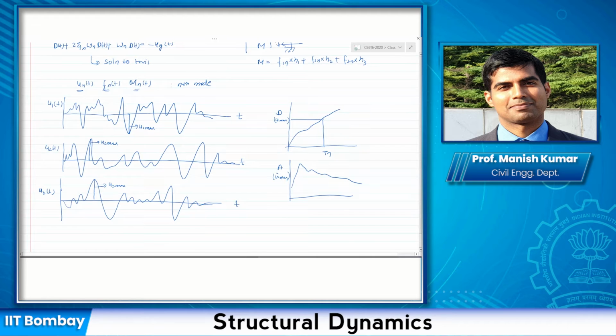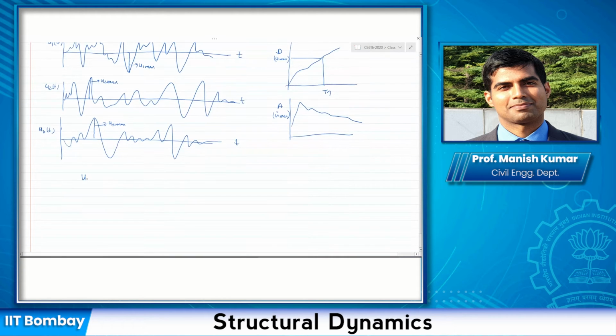My only challenge is that they happen at different points of time. And the maximum response, Umax, cannot be simply U1 max plus U2 max plus U3 max and so on. In fact, it would always be less than or equal to this.